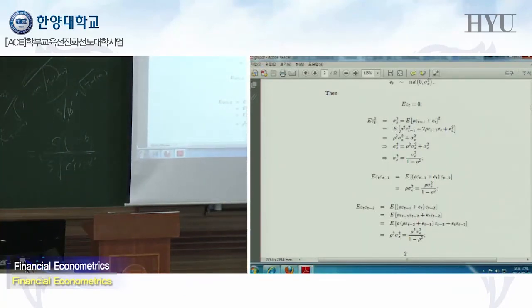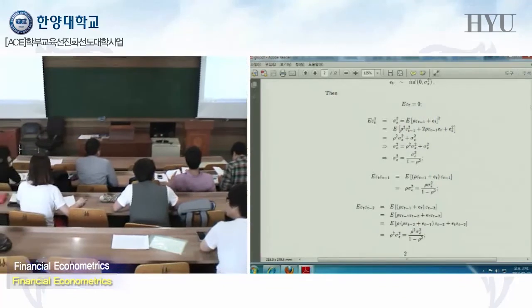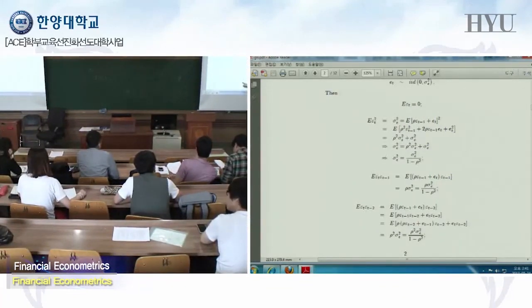If we put the expectation inside, then this part is 0. And we have multiplied this part, so it is rho square, this part is rho square and sigma square. The second part is 0, the third part is 0. So eventually, what we have is rho square sigma epsilon square.